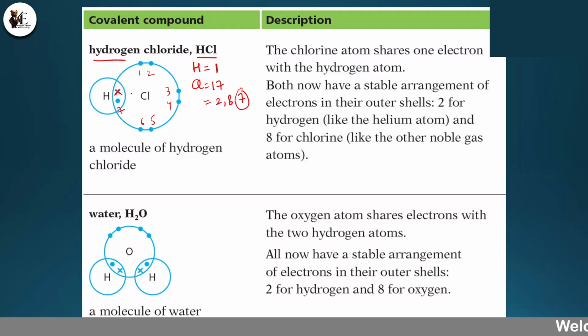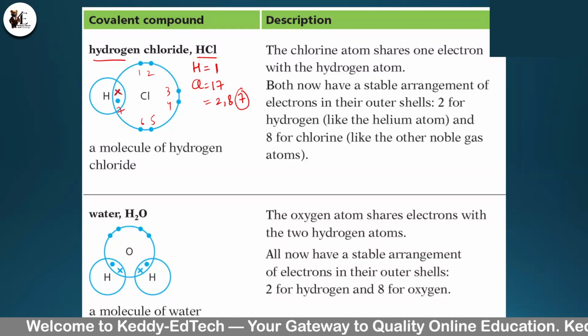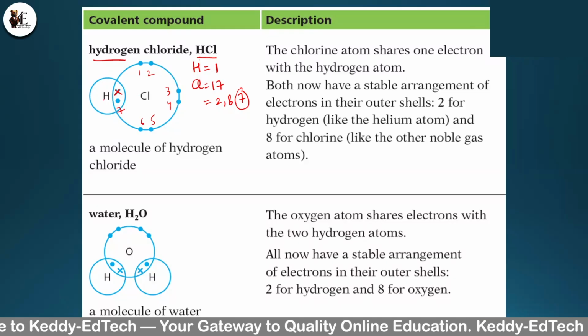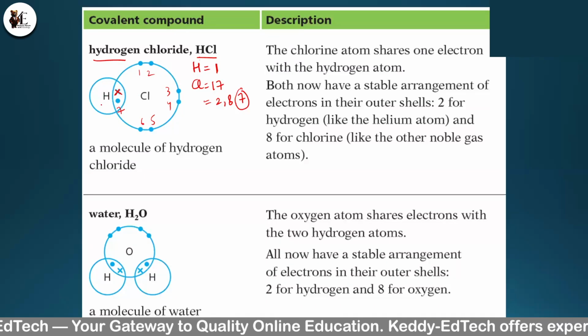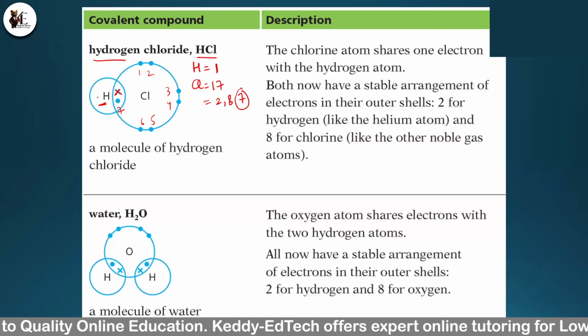Okay. So I told you that there are two elements in the periodic table, hydrogen and helium, which want 2 electrons to become stable. Otherwise, all the other elements want 8 electrons in their valence shell to achieve stability. Hydrogen only needs 2 electrons. So this hydrogen will share 1 electron of this chlorine to become stable.